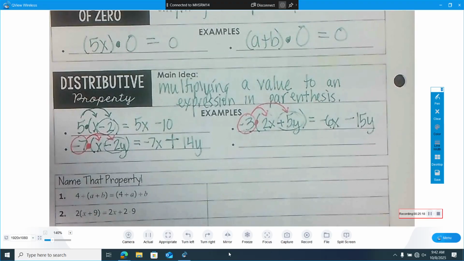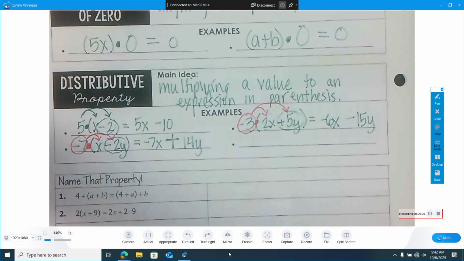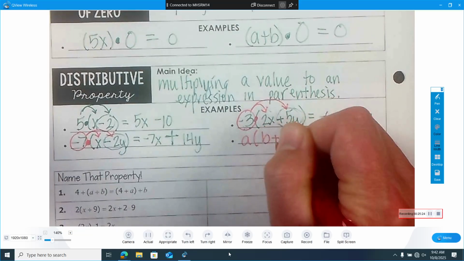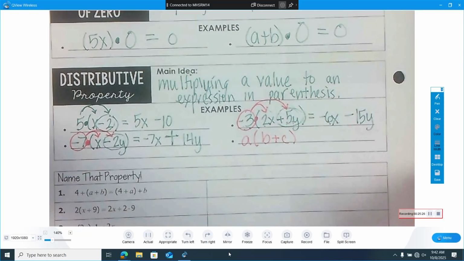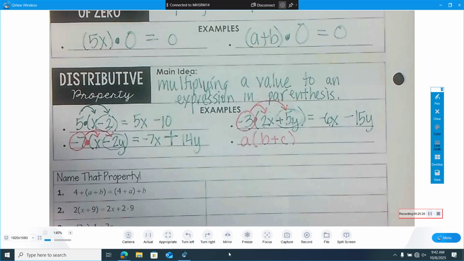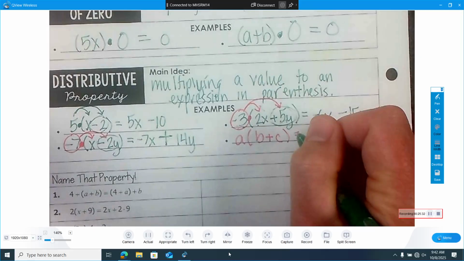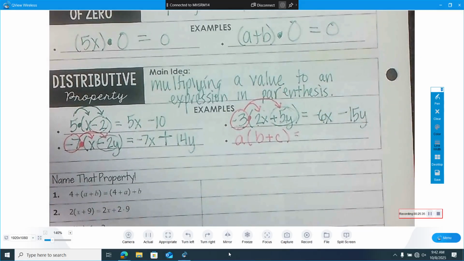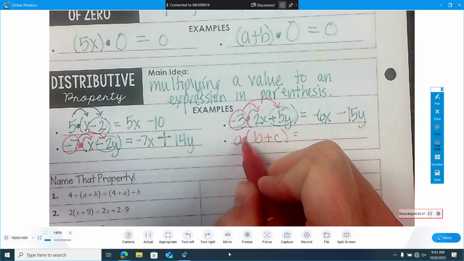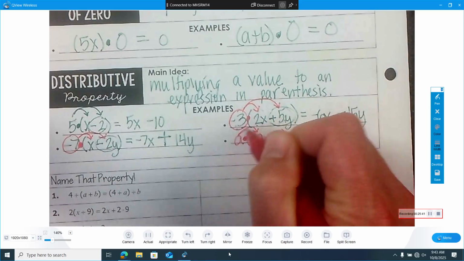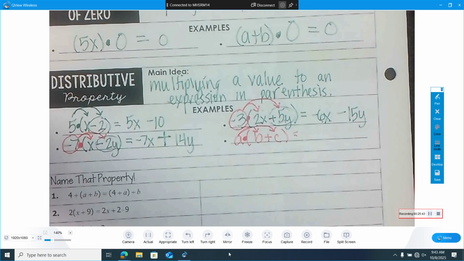Now, with only letters, here we go. A times the quantity B plus C. This is how we see this property normally. Again, we got to share the A to both letters inside the parentheses.